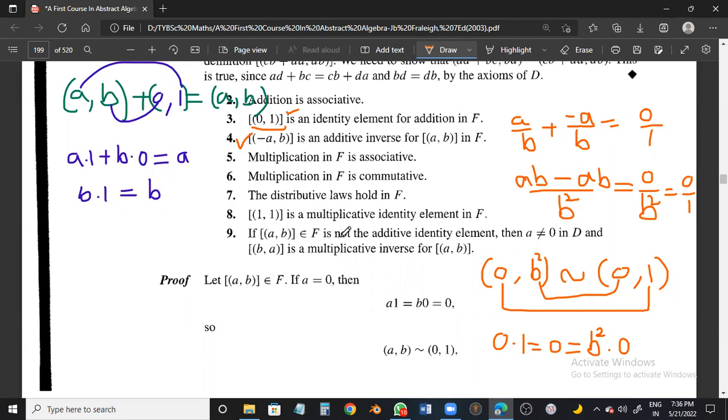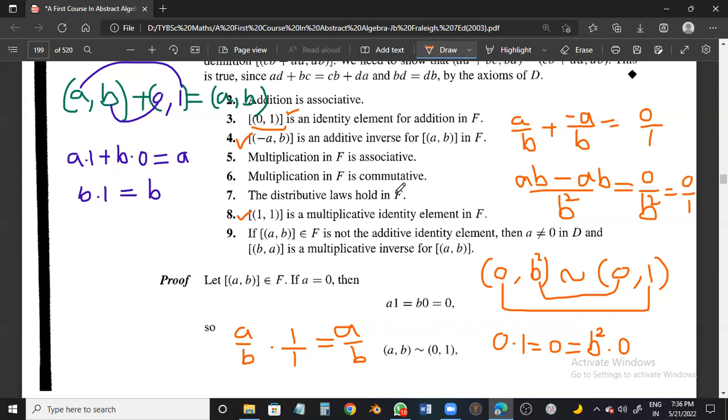And what will be the multiplicative identity? If I multiply A by B, I should get back A by B. How do we multiply? Numerators are multiplied together, denominators are multiplied together. So A into 1 produces A, B into 1 produces B. So 1, 1 is the multiplicative identity.